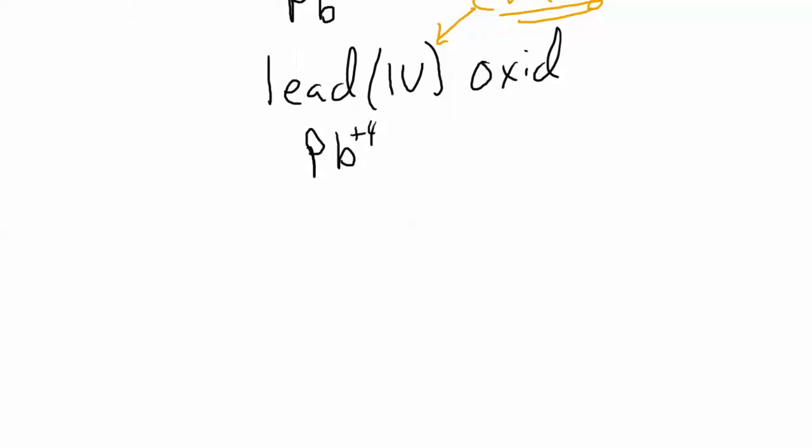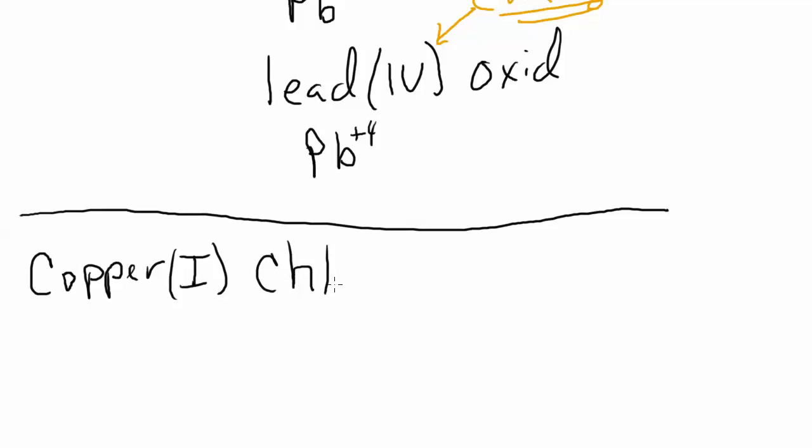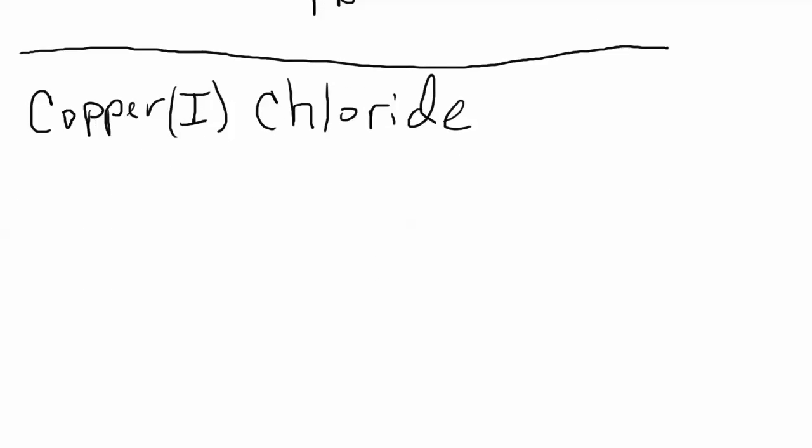So then, what does that look like in the formulas? Well, let's say I have copper(I) chloride, and I want to make the formula for that.